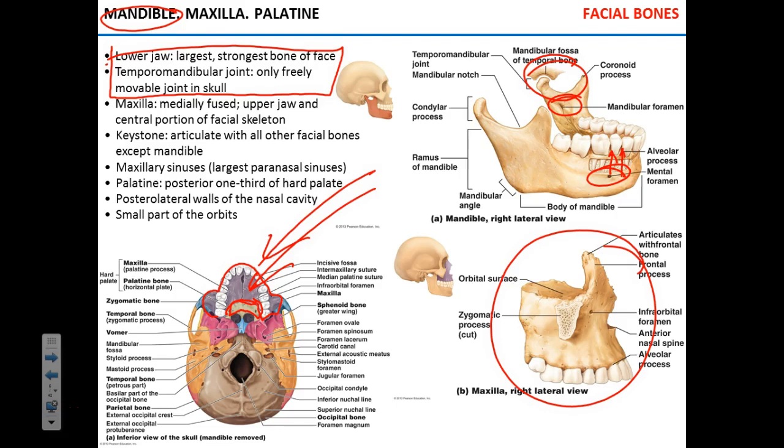Okay, so palatine is posterior 1/3 of the hard palate. Also constitutes a part of the nasal cavity and orbits. It's actually quite complicated, structurally complicated bone. You can see, if you look down there, you will see that palatine bone forms a bit of an orbital wall and nasal cavity wall.